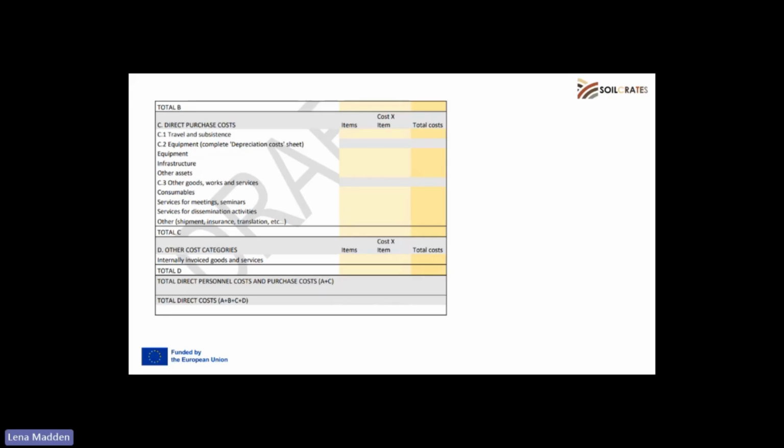And then internally invoiced goods and services. What does this mean? It means if you, for instance, use self-grown seeds for seeding something, then you invoice it to yourself.